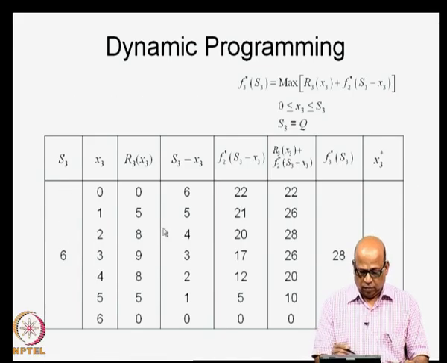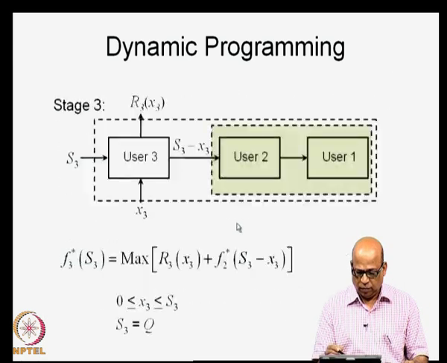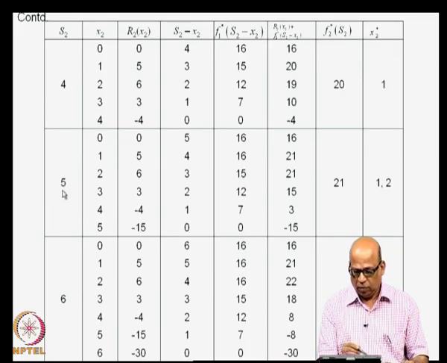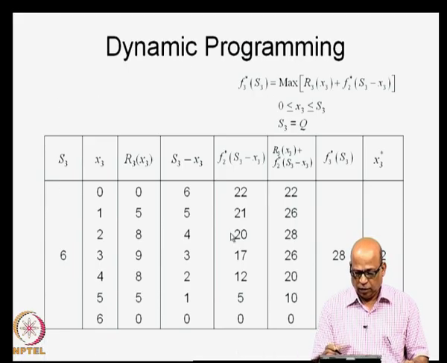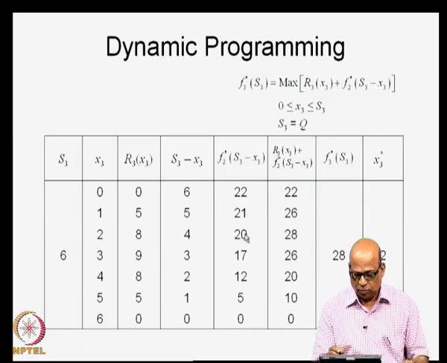So, if I allocate 1, I am left with 5, and that 5 from the previous table you go to 5 and look at the F2 star of 5, that is equal to 21, and that is what we write here, 21, and therefore, 21 plus this 5 is equal to 26. Similarly, if I allocate 2, I am left with 4, and this 4 corresponds to 20, and therefore, the total is 20 plus 8, that is equal to 28, and so on.